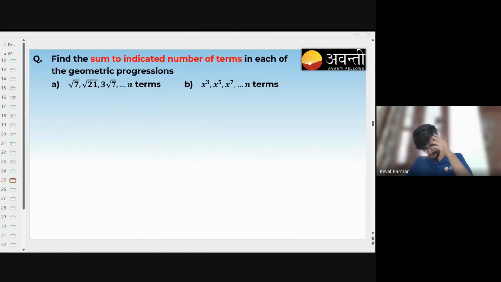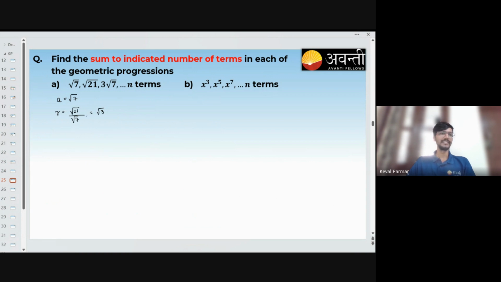So here we have two sub questions. Again, NCERT. Find the sum to indicated number of terms. Okay. So this is a GP. Let's solve the first one. a is root 7. What is r? r will be equal to root 21 upon root 7, which is equal to root 3.